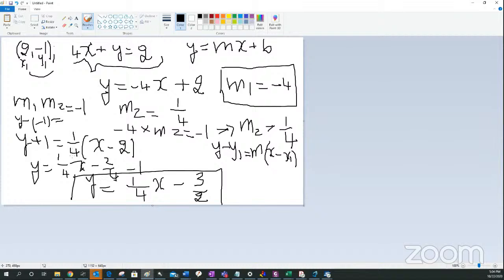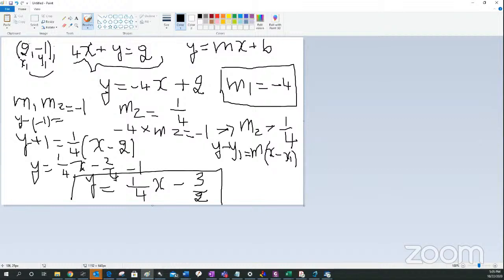So 1 over 4. You know how we got 1 over 4, right? Yeah, we did the opposite reciprocal. That's right. Okay, so that's good. So now, what about this side? That one side is x minus x1.